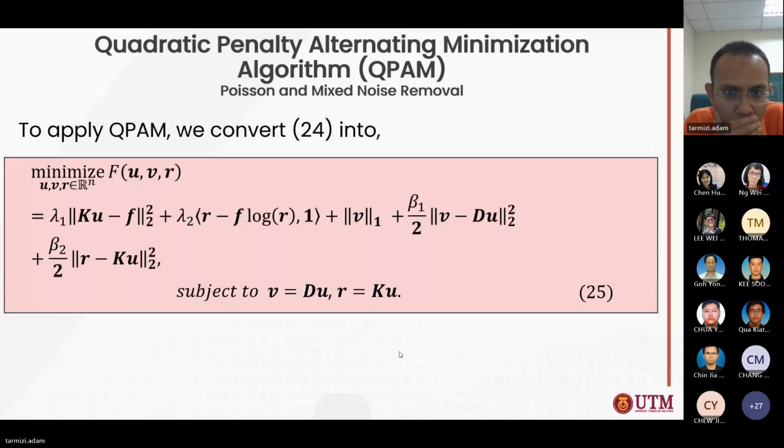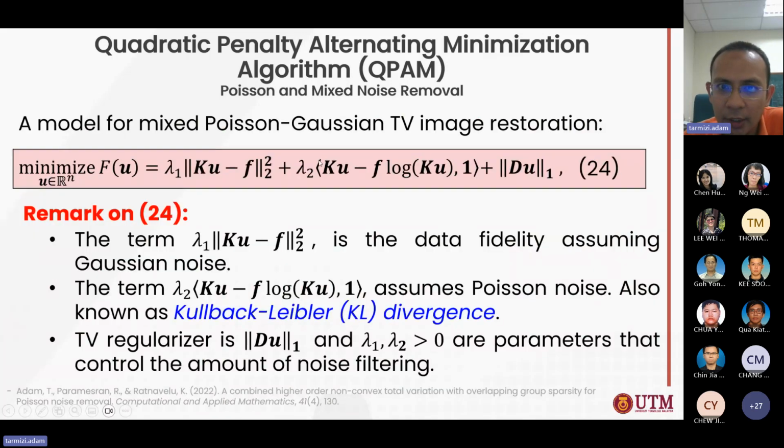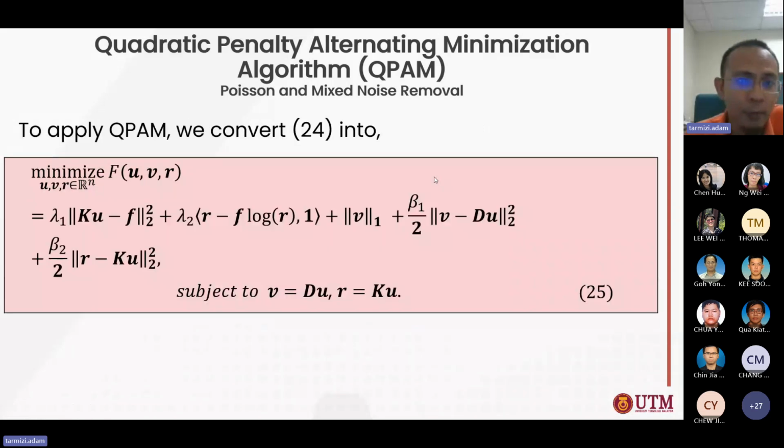So if you convert this into the QPAM form, you'll have something like this. You minimize this function, you have all of this, and then we have auxiliary variables V, for Du and Ku. We're going to minimize this.